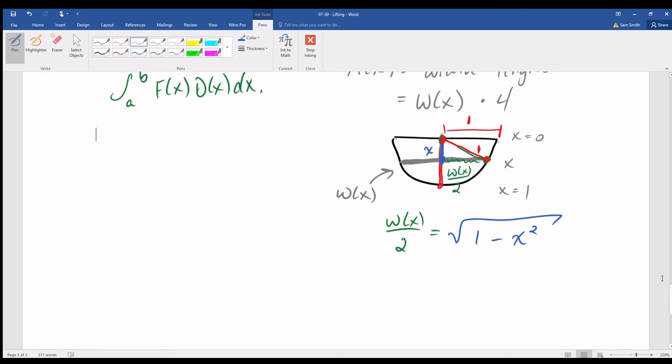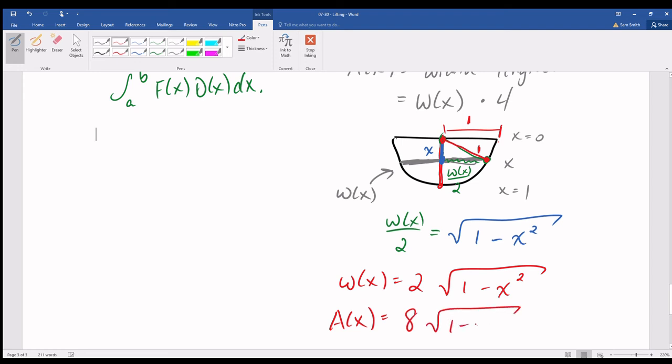So what have we found? We have found that the width, as it depends on x, is equal to 2 times the square root of 1 minus x squared. And since the area is 4 times the width, the area is 4 times 2, which is 8, times the square root of 1 minus x squared.